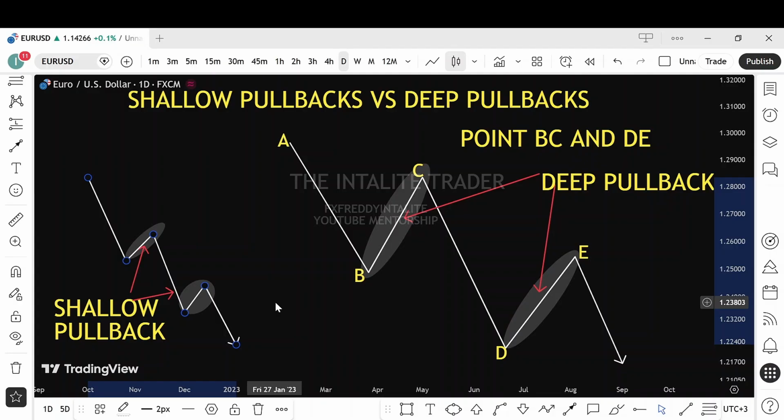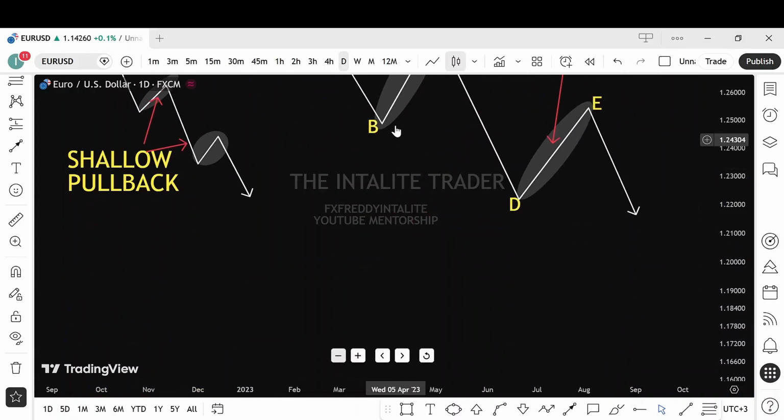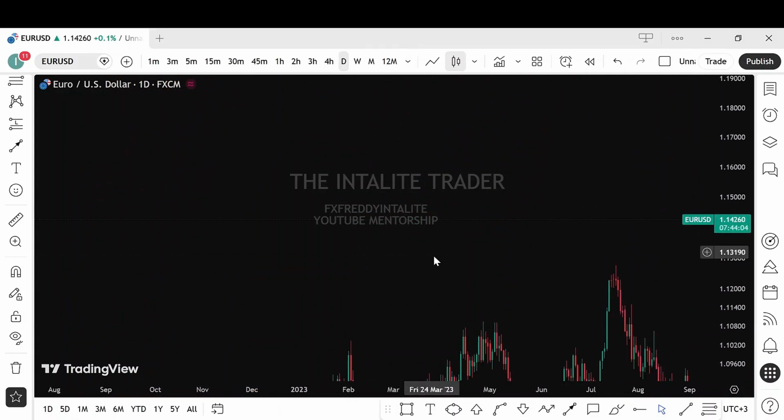When you bring in volume, it means maybe a move that happens during a session. But what I'm showing you can occur on the monthly time frame, the weekly, the daily, or the 4-hour time frame. Let's go to the charts and I show you what I'm trying to mean.